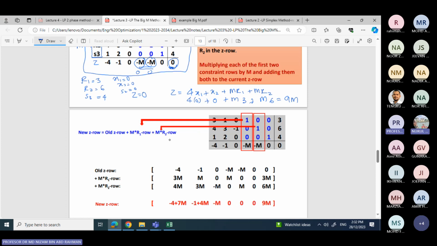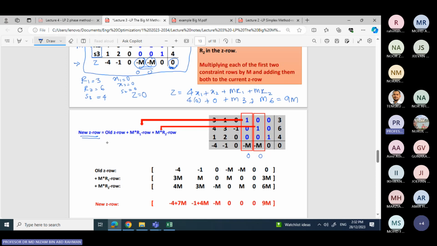Okay. So this is the rule that you should remember on how to do it. The objective is to make sure that this minus M value is 0 and 0, the multiplier for the Z for the R1 and R2. So you need to replace this Z row with a new Z row.